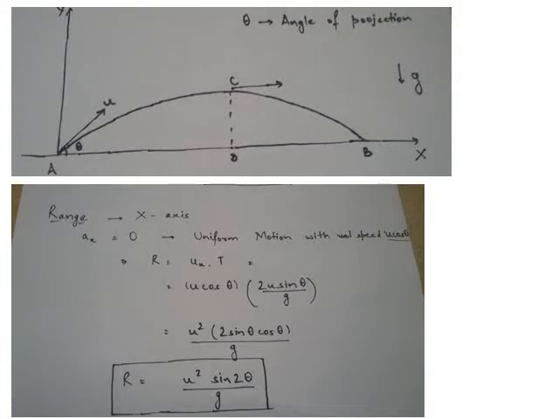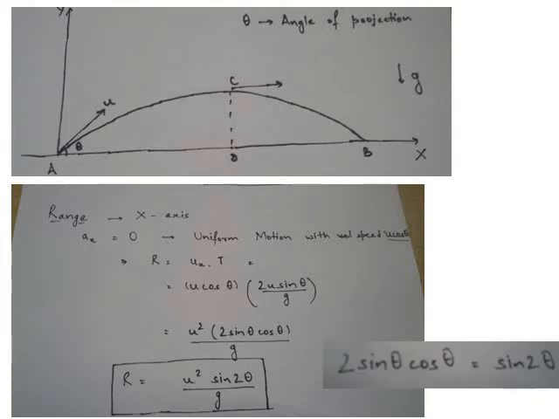Putting these values, ux, which is u cos theta, into time of flight, which is 2u sin theta by g, we get u square into 2 sin theta cos theta by g. Using trigonometric equation 2 sin theta cos theta equal to sin 2 theta and substituting it, we get the range of the projectile as u square sin 2 theta by g.